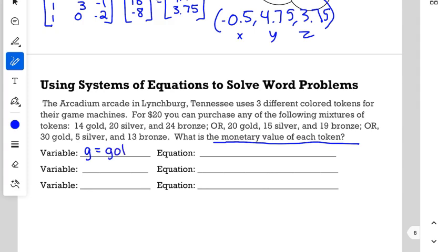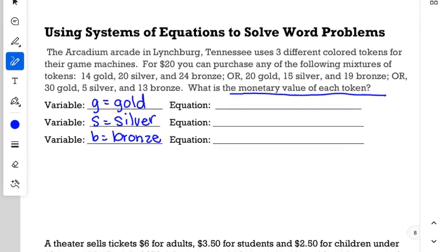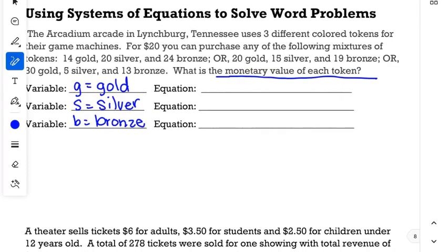Yeah, so our variables are going to be G for gold, S for silver, B for bronze. So if you're not sure what to call your variables, look back at what the question's asking. It says, what is the monetary value of each token? So these all are talking about the monetary value.